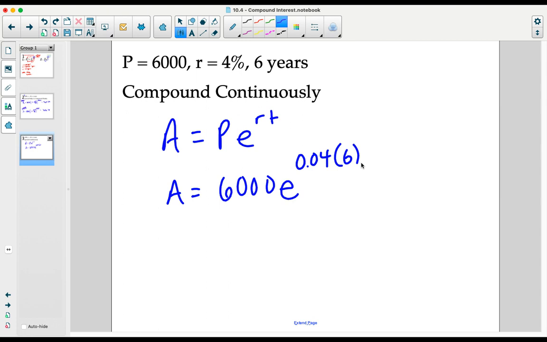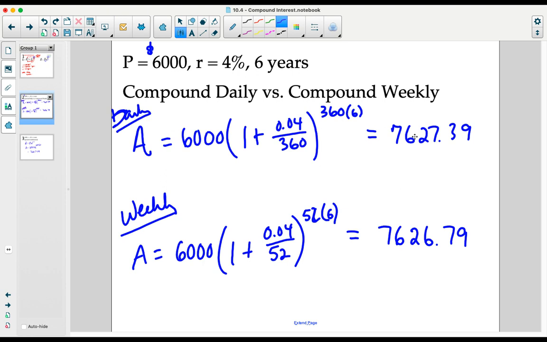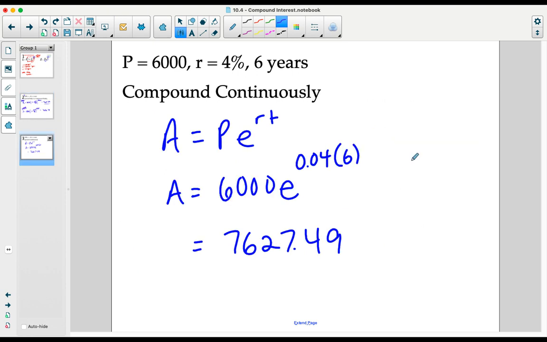We should anticipate, as continuous compounding is constantly adding that interest in and getting new interest on top of that, we should expect this to be the largest of the 3 results that we have for this setup, and it most certainly is. Is it the most by a lot? No. It only surpasses daily compounding, the amount we got here, by 10 cents, but it is still the largest of the 3 of them.